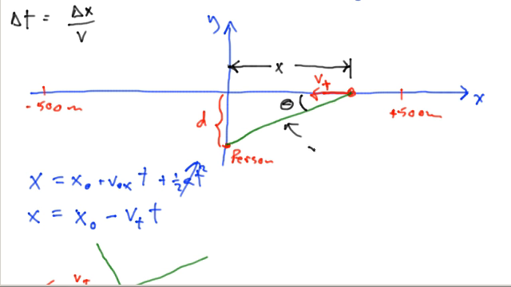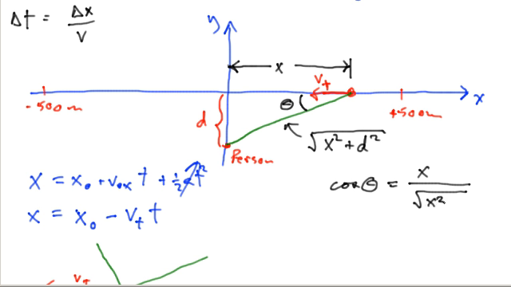So this will be, by the Pythagorean theorem, the square root of x squared plus d squared. So cosine of theta is just x over the square root of x squared plus d squared.